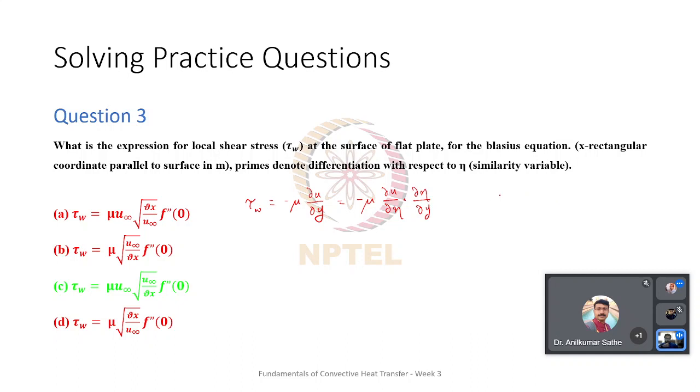Now there are certain things that we know. u by u infinity is nothing but f prime, and eta can be written as y divided by under root nu x by u infinity.